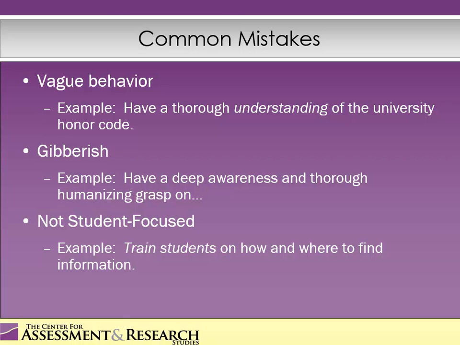Objectives should be very clear and specific. Finally, it's a common mistake to write objectives that fail to be student-focused. For example, if your objective is to train students on how and where to find information, then this fails to be student-focused since it refers to program facilitators. Students or other participants should always be the subject of the objective.